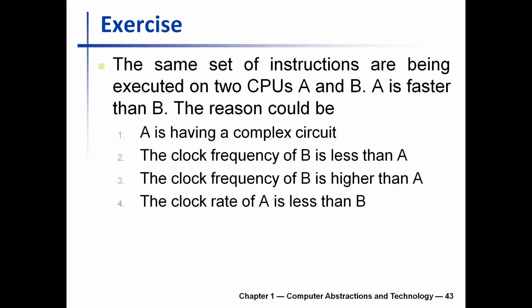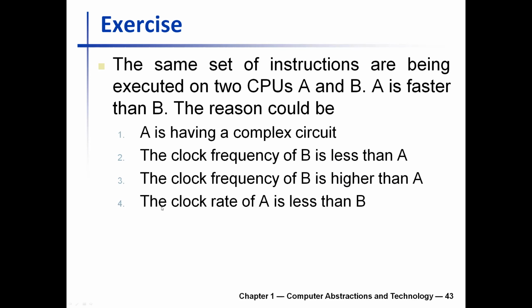The clock frequency of B being higher than A is not the reason that A is faster, but indirectly, if A's hardware is more complicated and its clock slower, that is the reason. So yeah, very good.